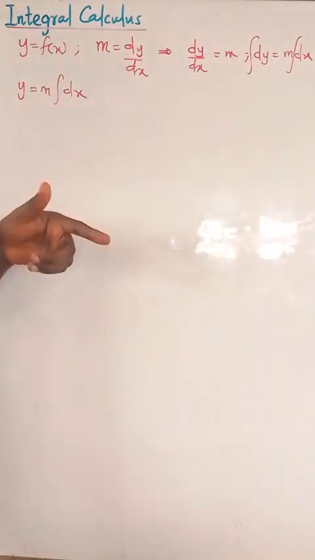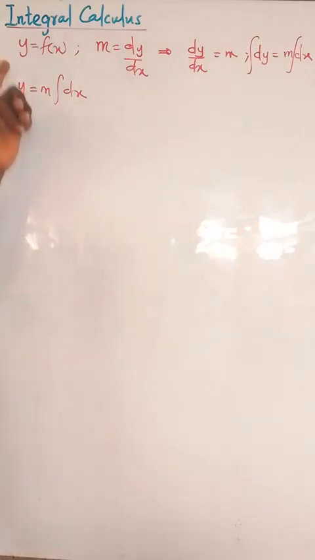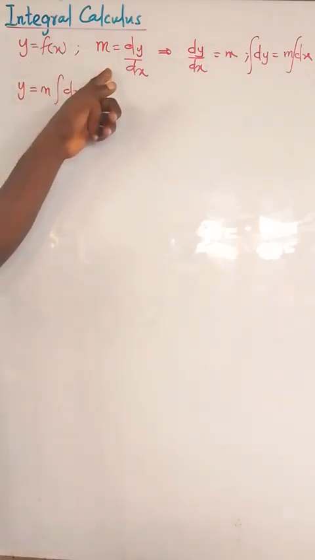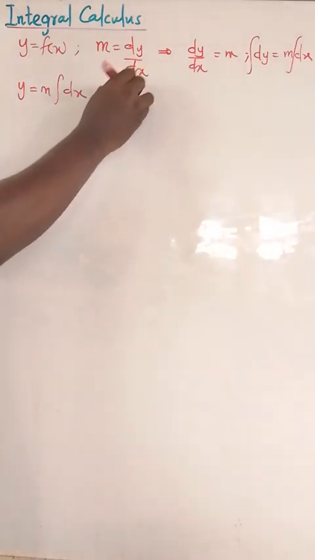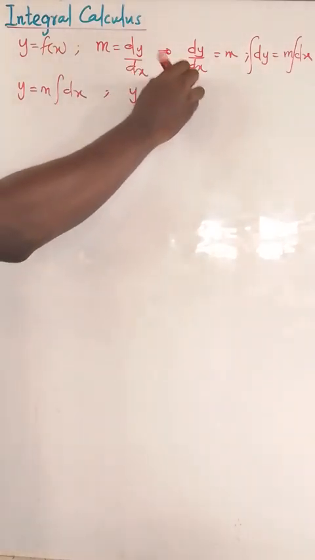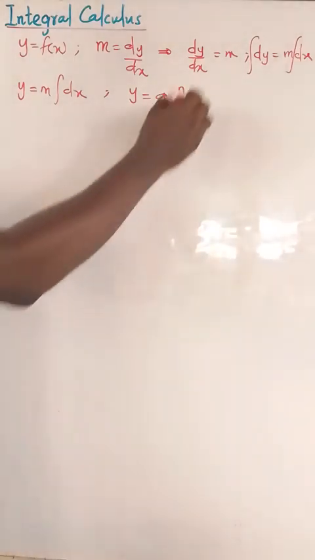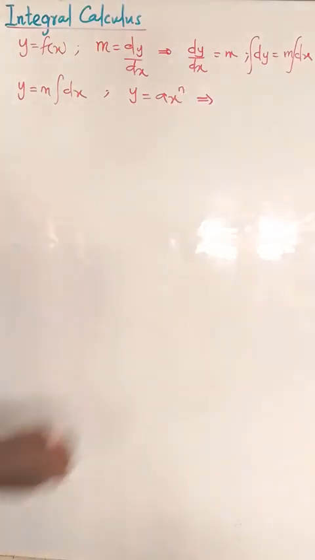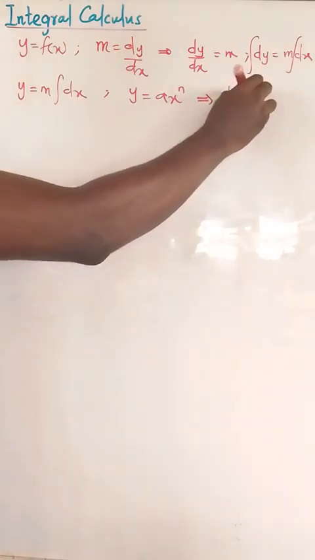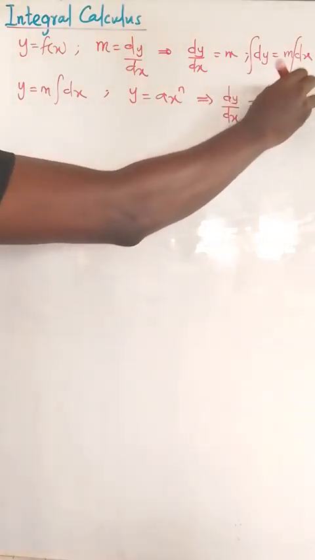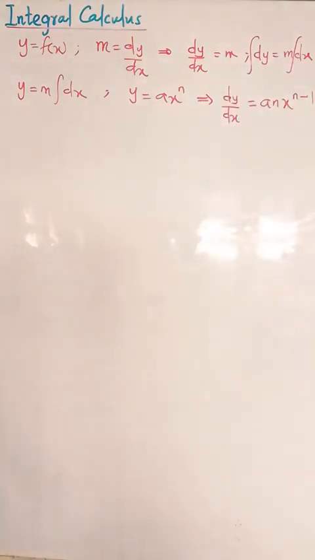Integration is like the reverse of what? Differentiation. From the function, we get a gradient. Now, from the gradient, we want to get the function. For example, if you recall, if y equals ax raised to power n, we've already established using first principle that dy/dx equals anx raised to power n minus 1.